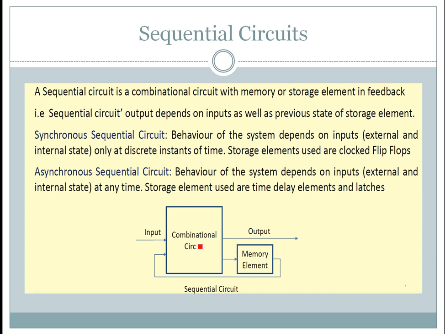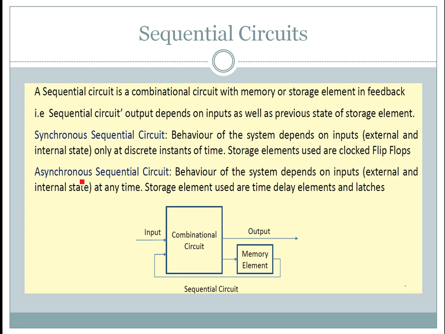In sequential circuits there are two types. First one is synchronous and another is asynchronous. In a synchronous sequential circuit, the behavior of the system depends on inputs only at discrete instants of time, and here the storage elements used are clocked flip-flops.